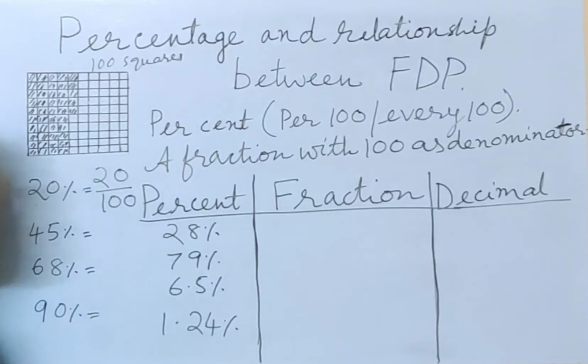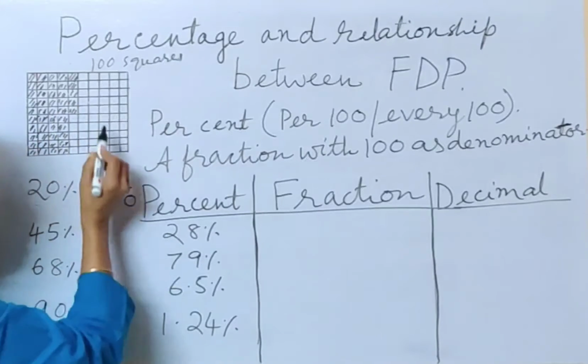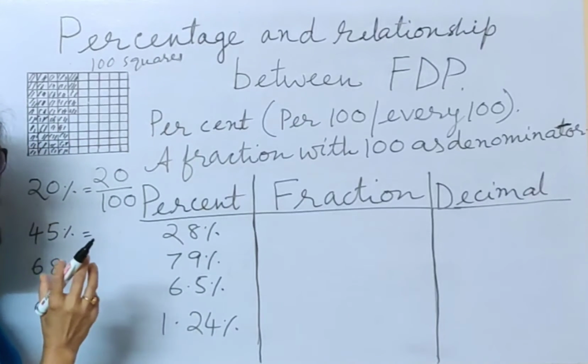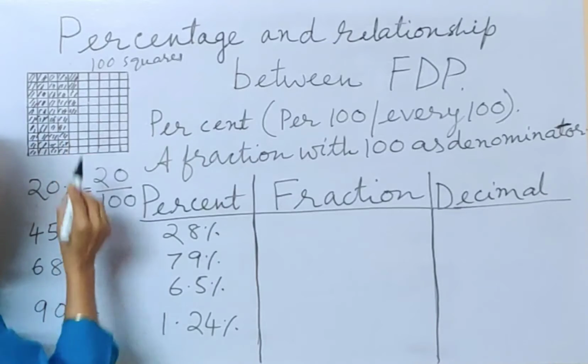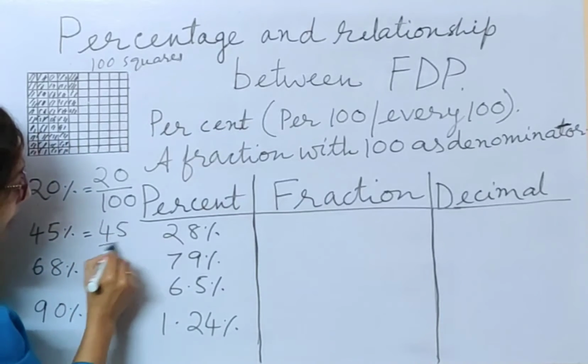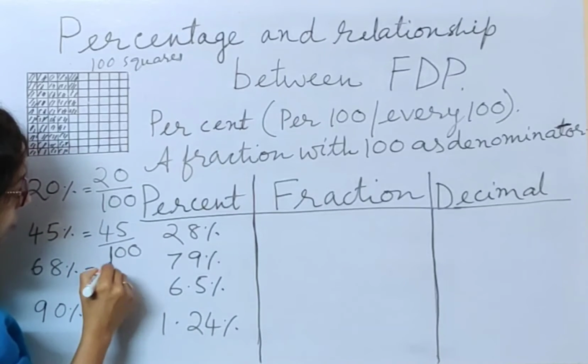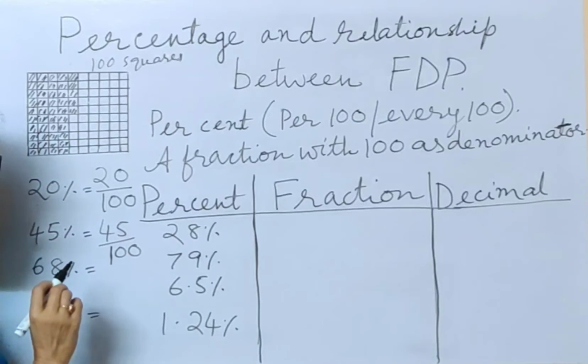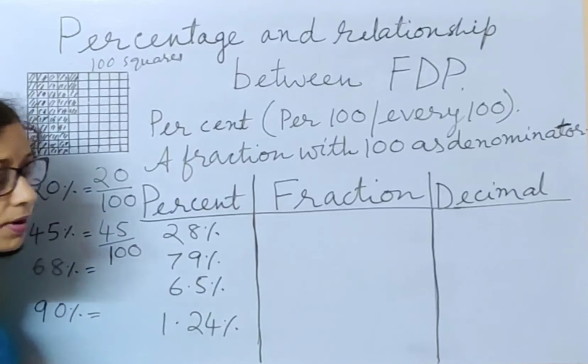Yes, so now I have shaded 45 squares in the grid of 100. So 45 out of 100. So from percent to fraction, I wrote 45 out of 100.